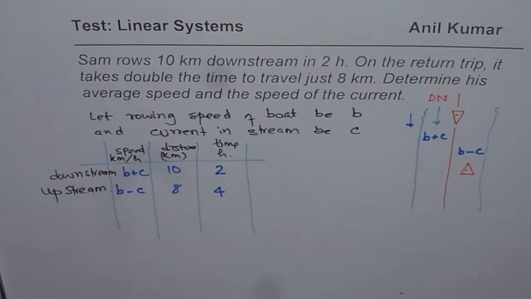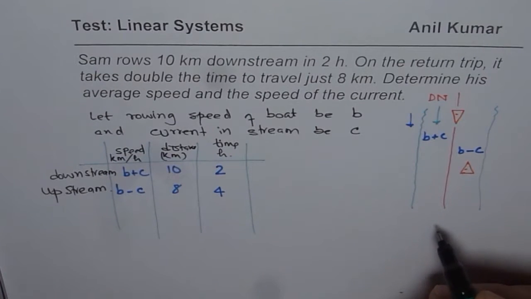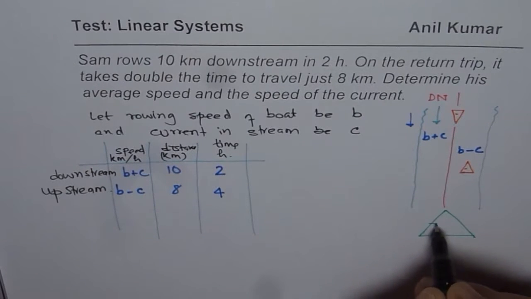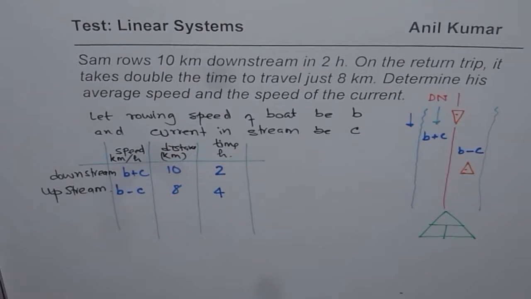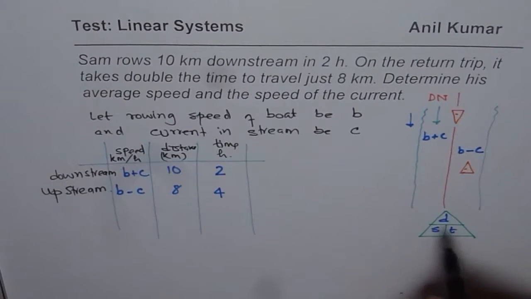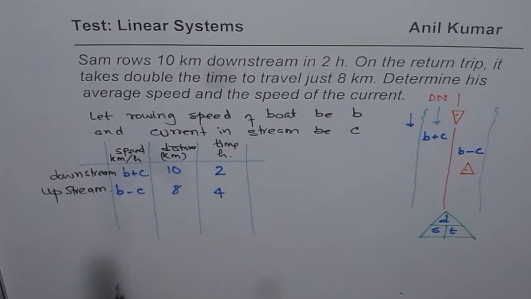Now let me also remind you of the relation between distance, speed, and time. Let me make a triangle here: distance, speed, and time. Distance is the product of speed and time. That is how they are related, right? If you multiply speed with time, you get distance.